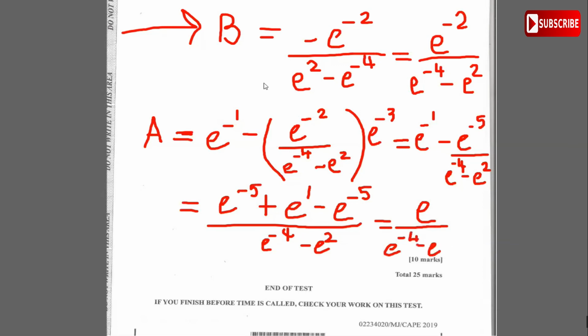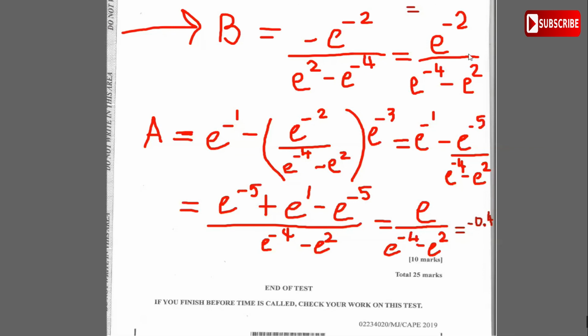Now, I don't know how you prefer to write it. If you like this as a decimal, you can put it in a calculator and write them as decimals. Putting this as a decimal, it is e to the minus 4 minus e squared, and then e divided by that. In this, I'm getting minus 0.37.